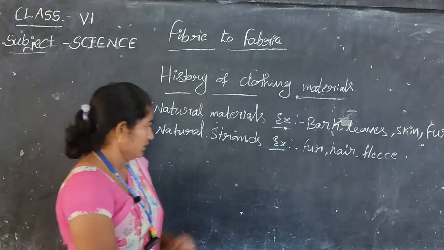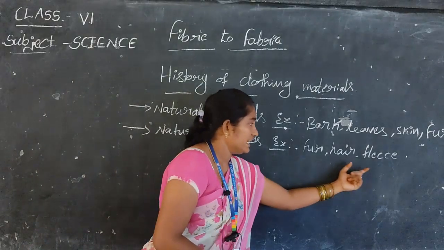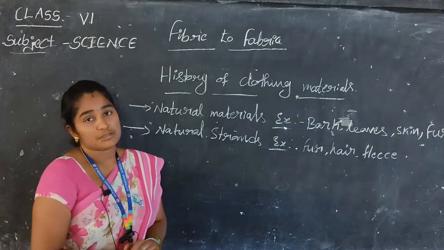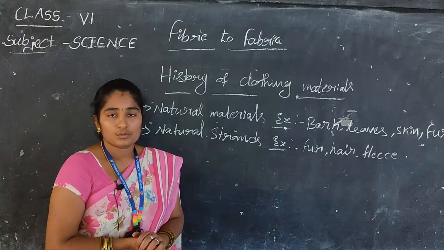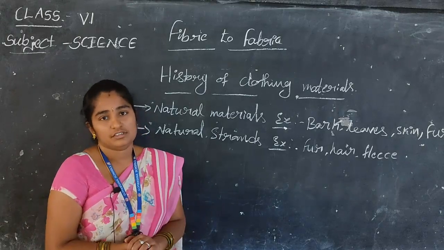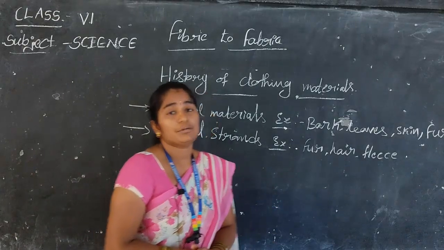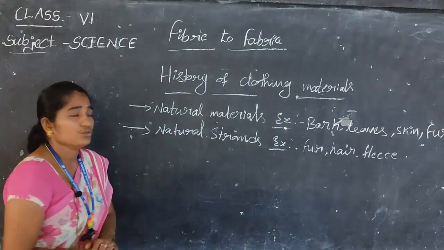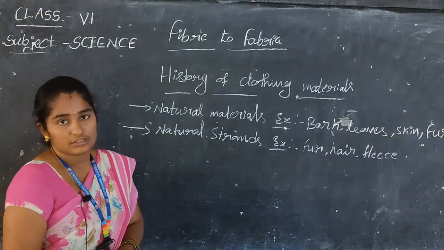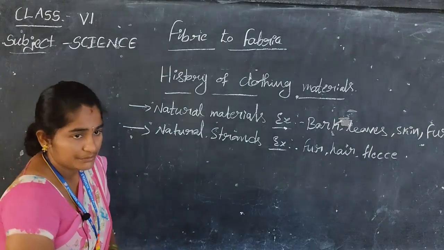They are using this type of hair and fleece, and some grass they take, and they spin and wear different types of materials, the natural strands, to cover their body, using for fabric.